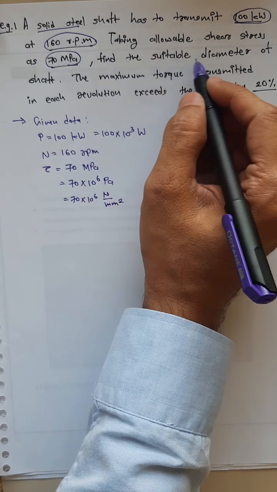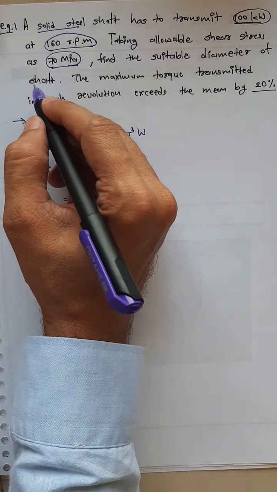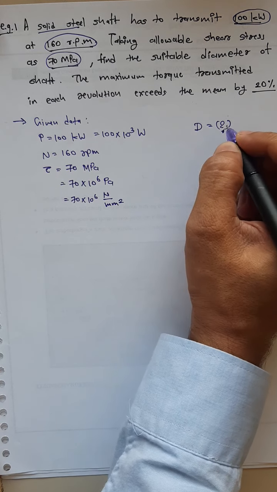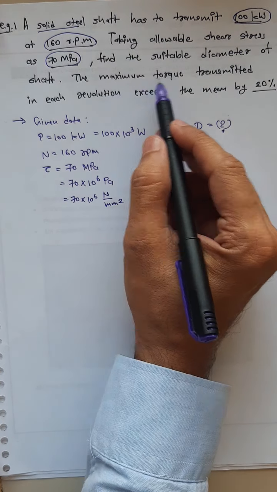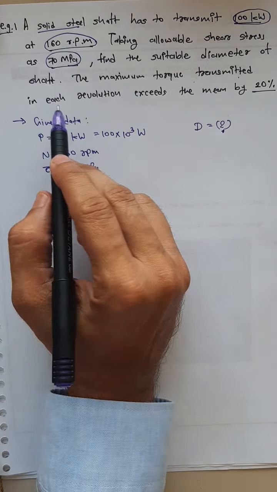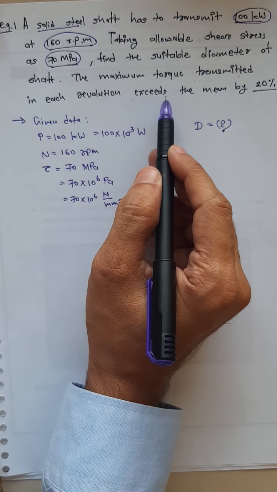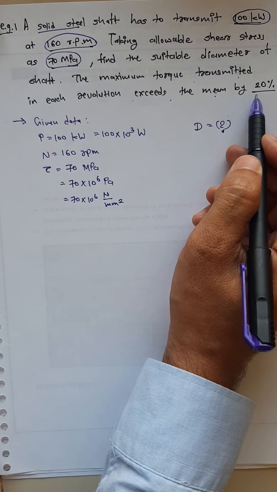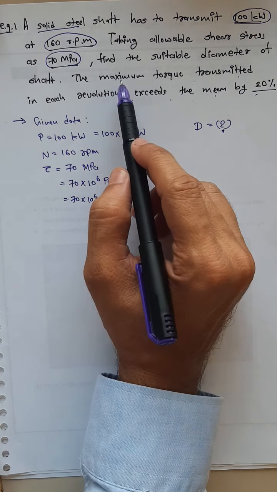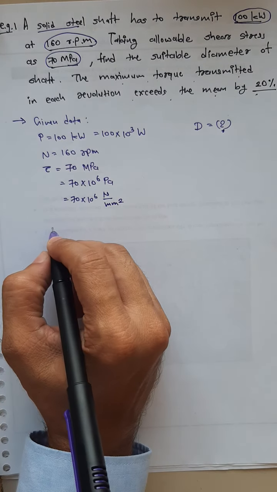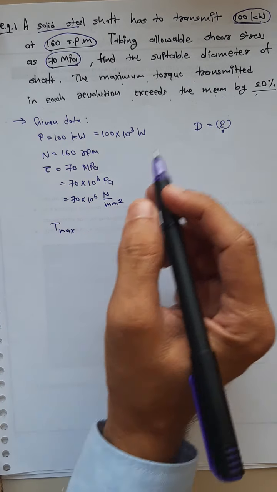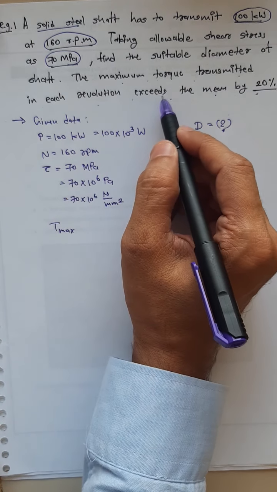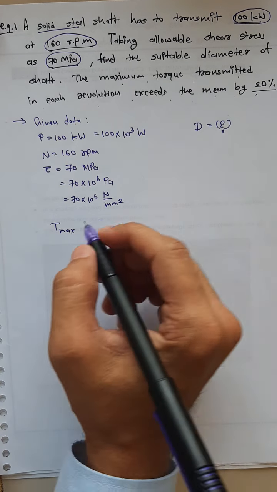Then find the suitable diameter of the shaft. So we are required to find the diameter of the shaft. The maximum torque transmitted in each revolution exceeds the mean by 20%. So what is this given? T max, the maximum torque transmitted in each revolution, exceeds the mean by 20%.